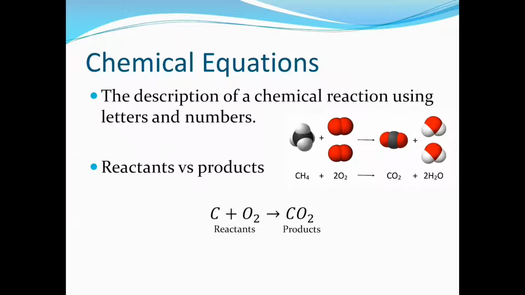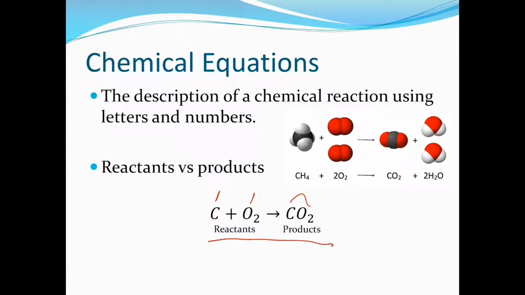Now getting into the nitty-gritty of the different pieces of the chemical equations. The chemical equations are basically a description of our chemical reaction using different letters and numbers. It's basically reactants versus products. Looking at the equation we have down here, we've got CO2, which makes CO2.